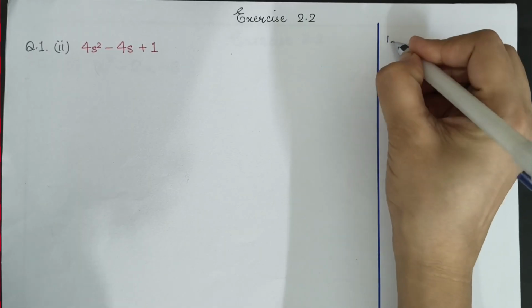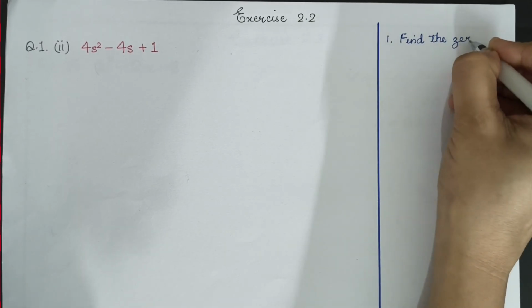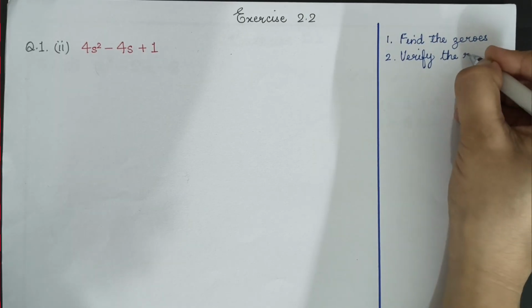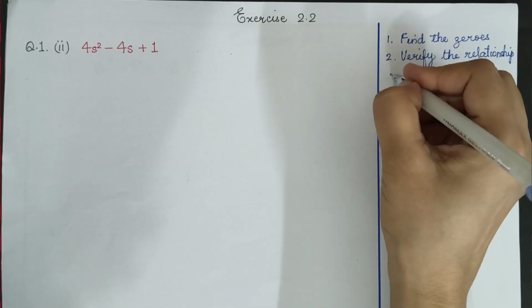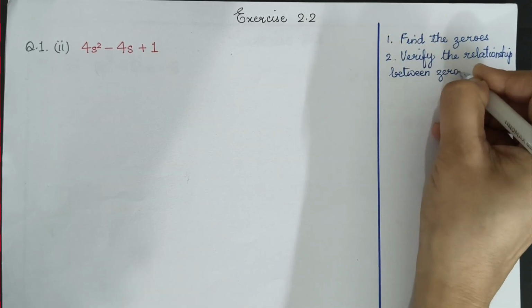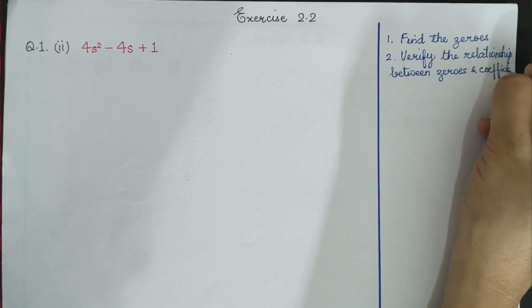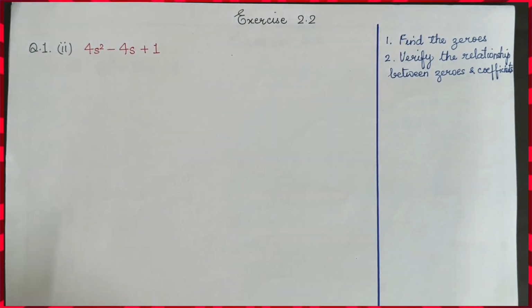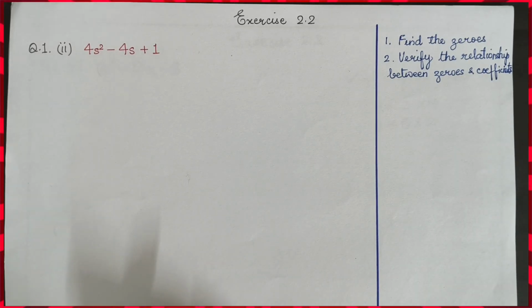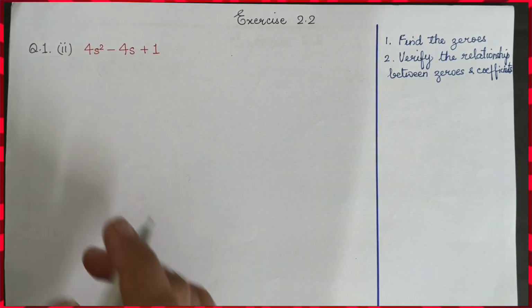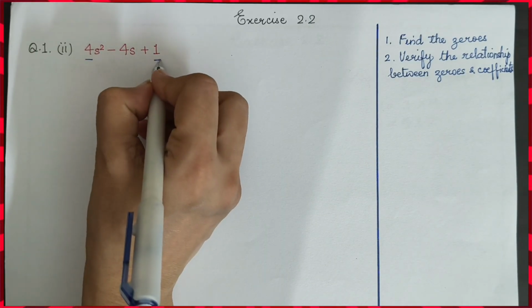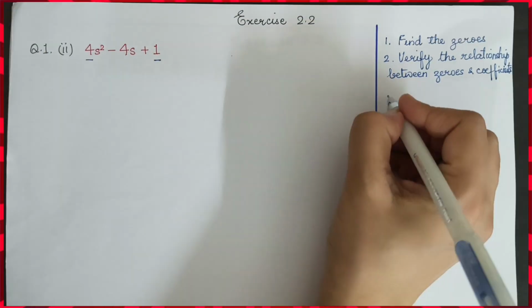So in this question we have to do two things. Number 1, find the zeros of the given polynomial, and number 2, verify the relationship between the zeros and the coefficients. First of all, we have to find the zeros, and for finding the zeros, we have to factorize the given polynomial.